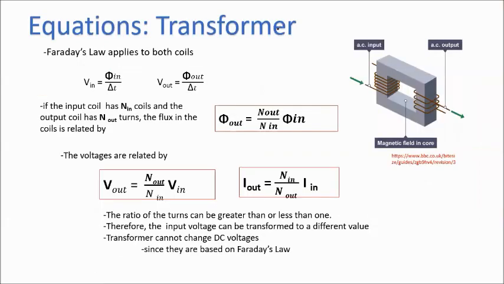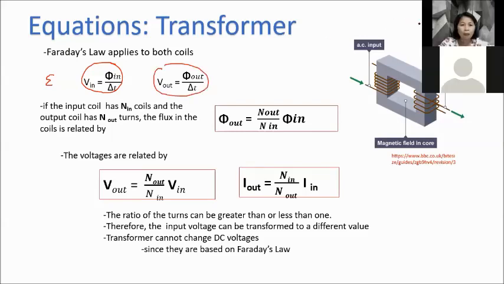So equations ng transformer, recall natin yung Faraday's law that instead of V we have EMF, no? Induced EMF is equal to change in flux over change in time. Specifically, we have V in is equal to flux in over change in time. For the output voltage, we have V out is equal to flux out over change in time.